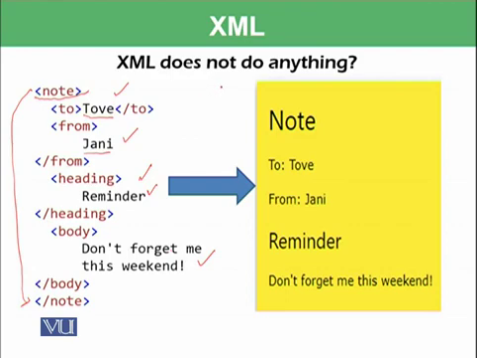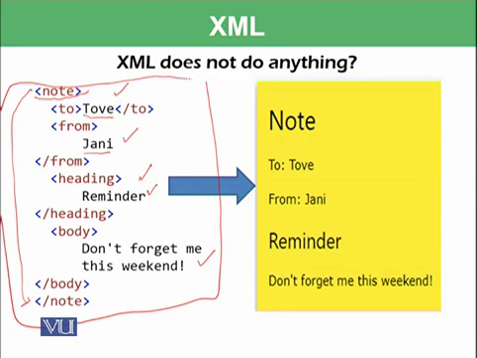So this is basically code, and XML does not do anything based on this code. So if you put all of this code in a web browser, the web browser will not understand it as it was understanding the HTML tags.